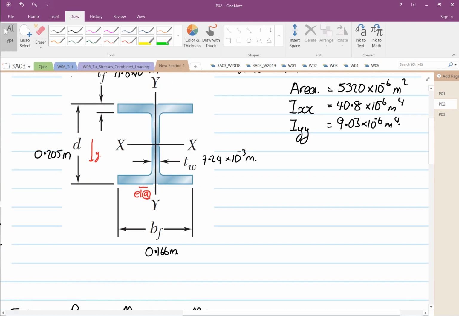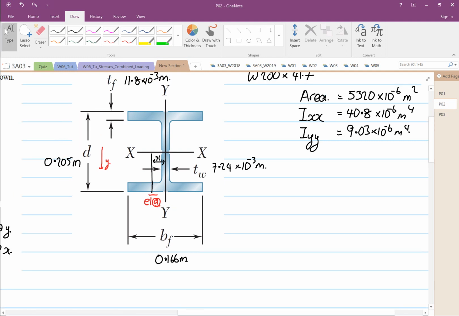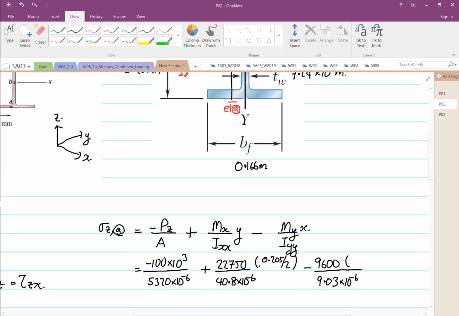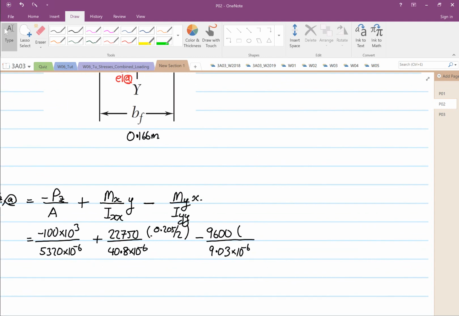This x distance is the distance to the element. From this question, A is 75 off, so the width is 0.166 divided by 2 minus 75 times 10 to the power minus 3.